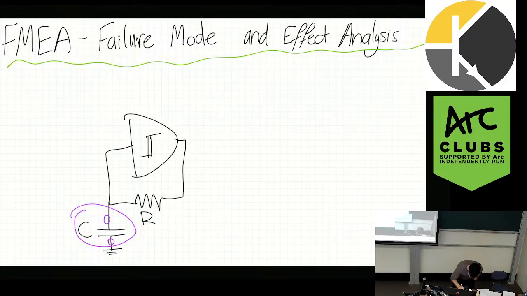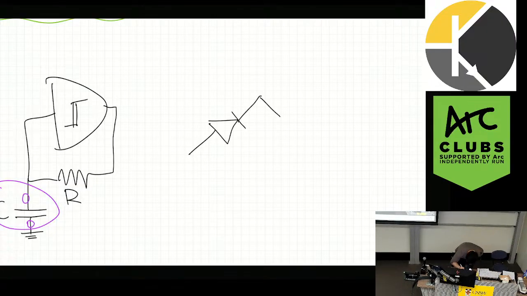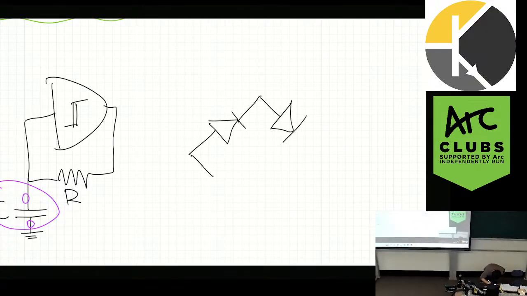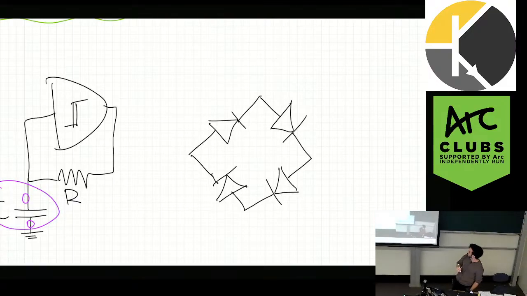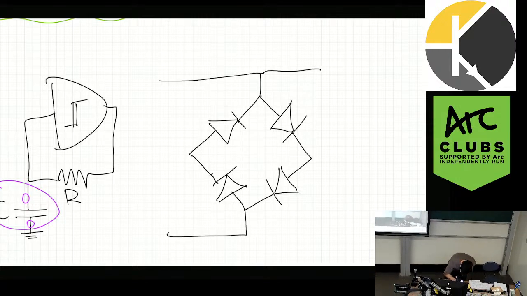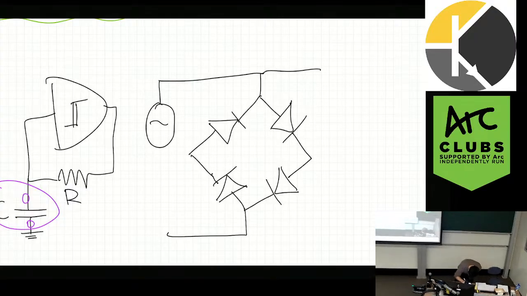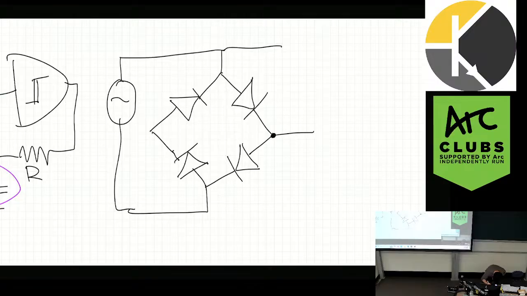Another good example would be, bear with me while I draw this. So if I have a bridge rectifier, and then a resistor and capacitor.